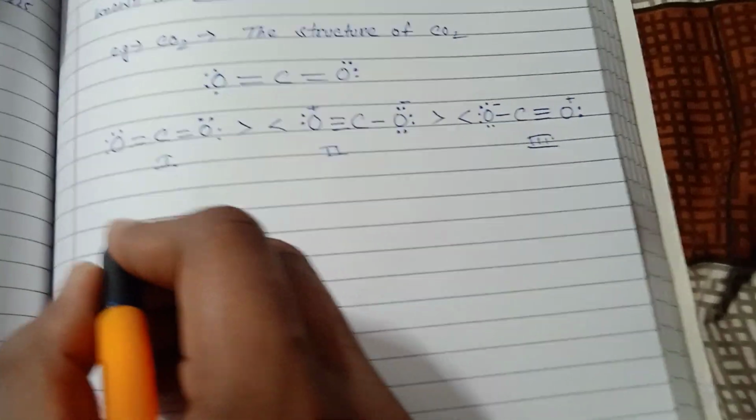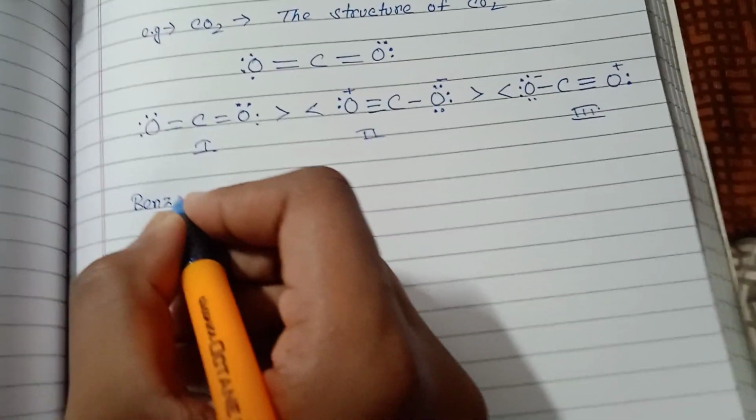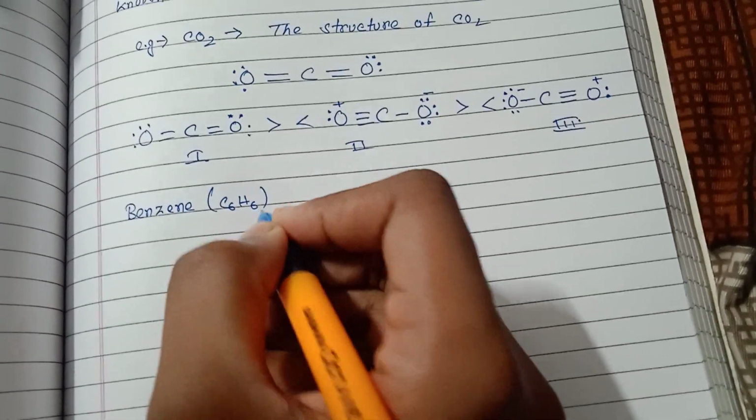We will be taking another example, benzene. We know that benzene is C6H6.